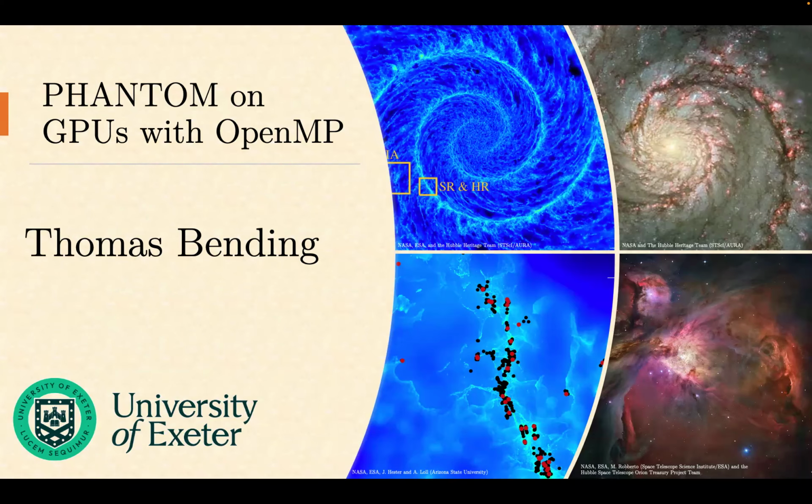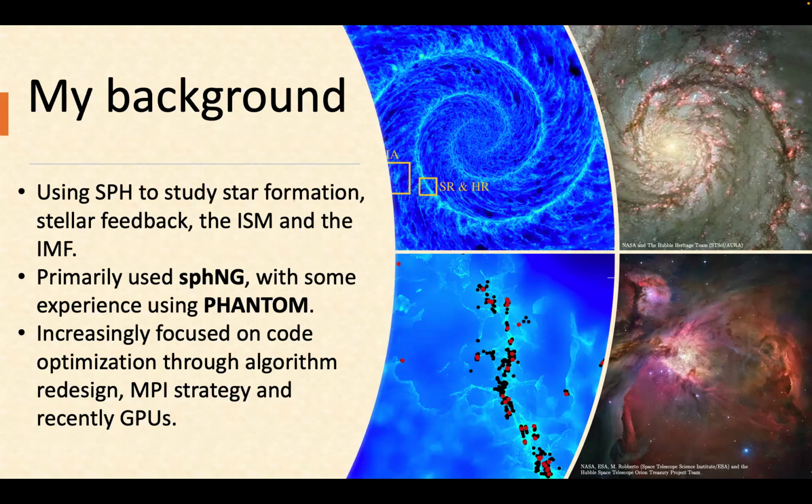Yeah, so I'm Tom. I'm from University of Exeter, and I'm a postdoc working with Matthew Bate. My background has been using SPH for star formation, stellar feedback, the interstellar medium, and the initial mass function mostly. Throughout all of this, I've been using mainly SPH-NG, predominantly for the MPI, and because it's got photoionization routines in it from when I started back in 2016.